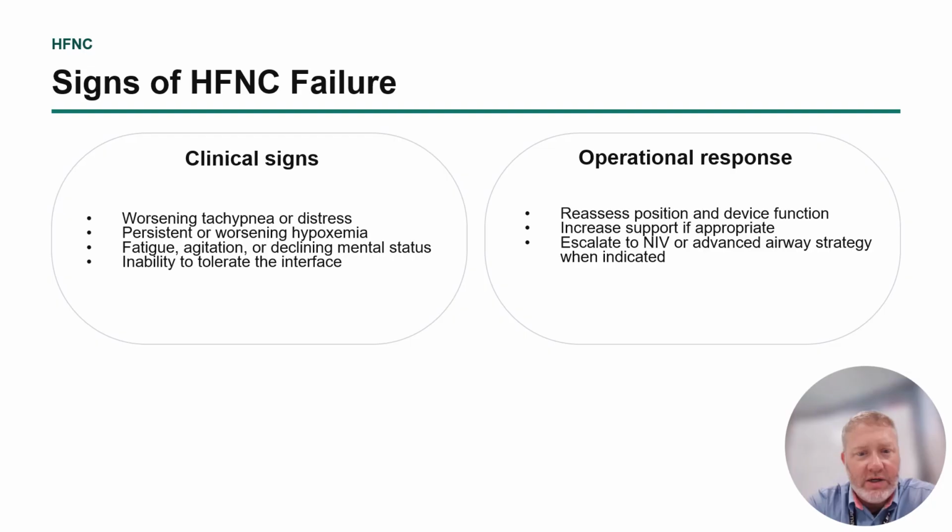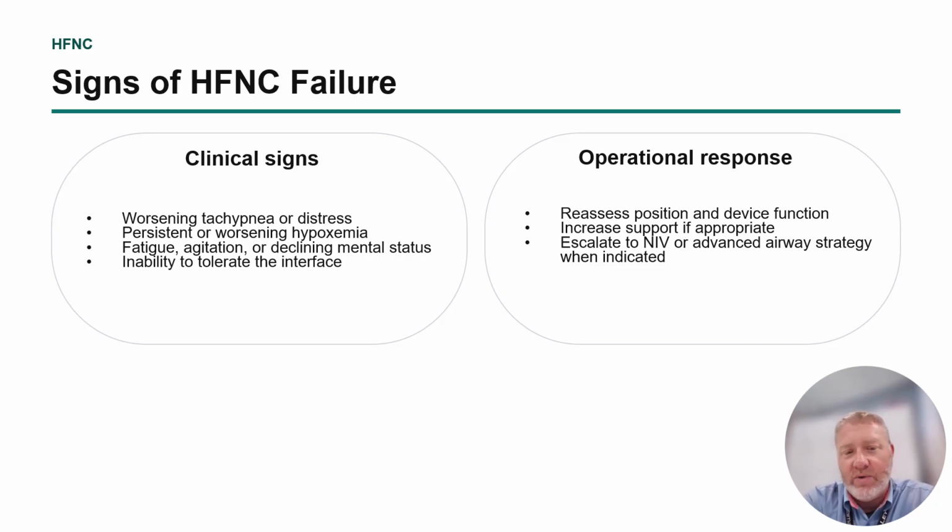So let's take those things and compare it with our patient assessment and determine some signs of high flow nasal cannula failure. And this is all kind of common sense. So worsening tachypnea, worsening respiratory distress, persistent or worsening hypoxemia, especially on high FiO2s.